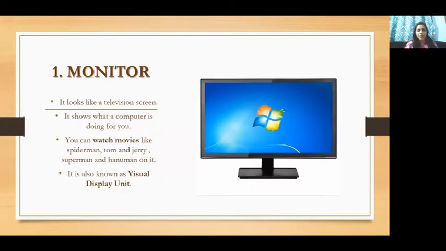We have studied already. Monitor looks like a television screen, isn't it? You can see the picture of a monitor here and it looks like a television screen. Then whatever the computer is doing, we can see it through this monitor, isn't it?